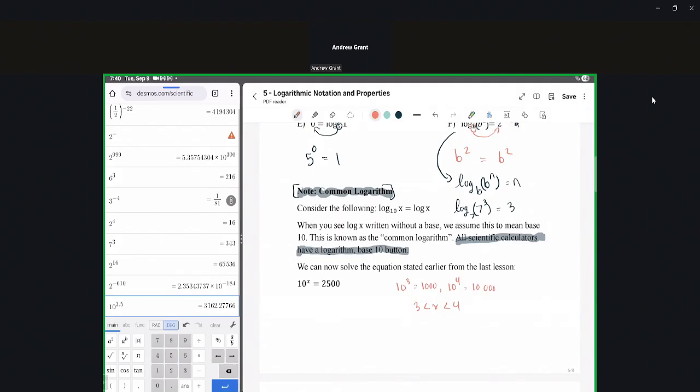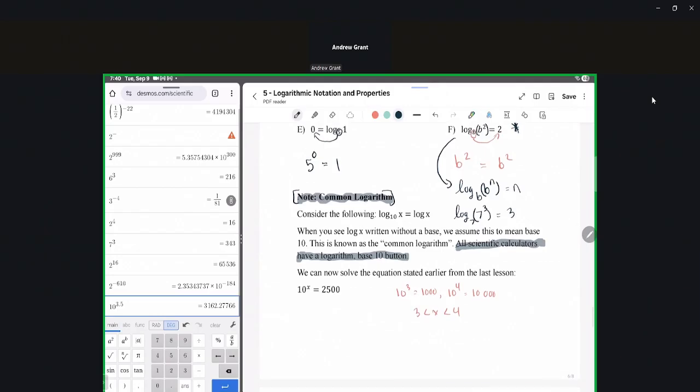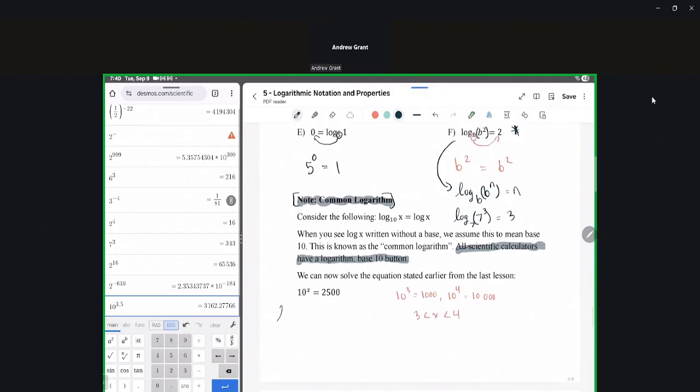So we can actually use logarithms to solve such a question. When we were working with exponentials, we often want to end up solving for the exponent, and logarithms let us do that. If I want to solve 10 to the power of x equals 2500, the logarithmic equivalent is log base 10 of 2500 equals x.